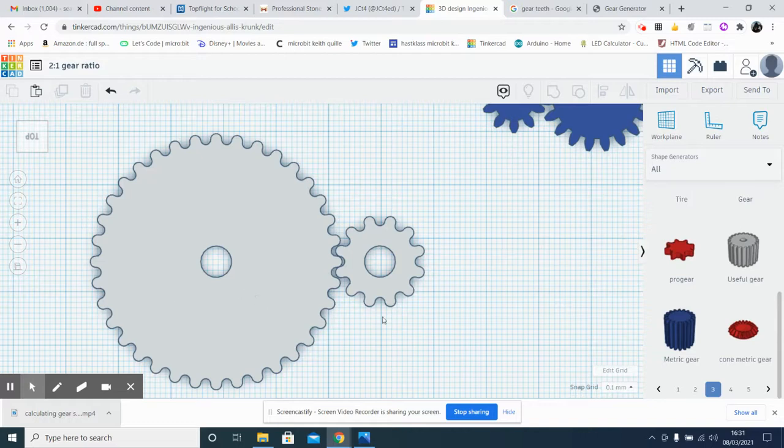If we wanted our output to be traveling much faster, we'd have this smaller gear here, and that would be our output. This would be for something like the seed spreader project from Junior Cert 2 years ago, I think, whereby you cranked the handle with your hand, and that was driving the gear.